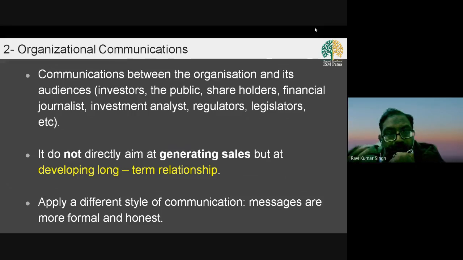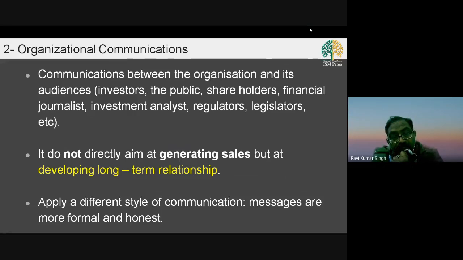Here also the objective is to run the organization effectively and efficiently. This kind of communication doesn't generate sales. The objective is not to generate sales, but to create an environment in which the organization can operate efficiently.